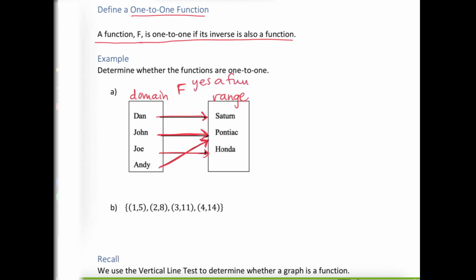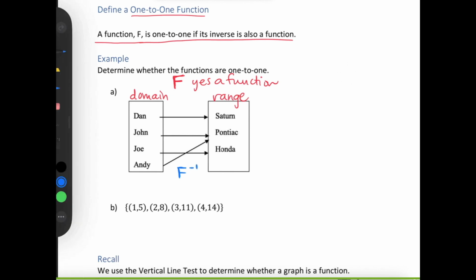So we say that f is, yes, a function. Now, the question is, is it a one-to-one function? So let's consider what would happen if we switch the domain and the range, or switch the x and y values. Let's call f inverse the situation where we're switching. So now we're going to let the cars be the domain and the people be the range. And if that's the case, then we're going from the cars to the people, right?